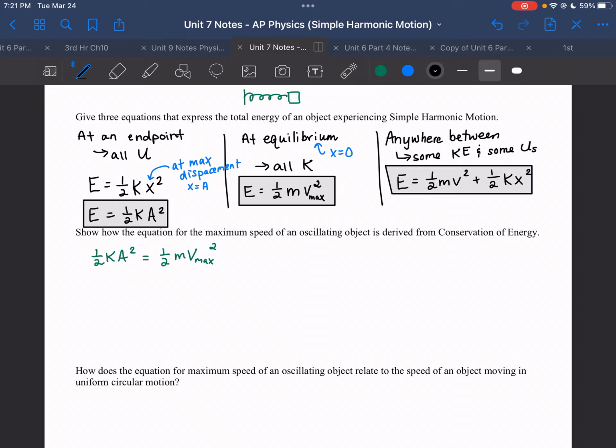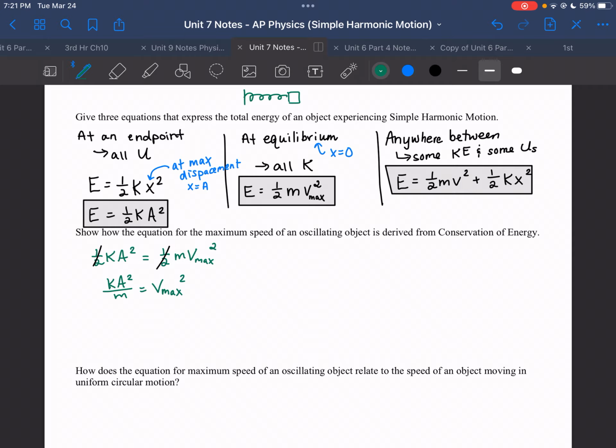Now, all we have to do is simplify. We have 1/2 on both sides, so that can go away. We are looking for that velocity max. So we're going to divide both sides by m. So we have k times the amplitude squared divided by m is equal to the velocity max squared.